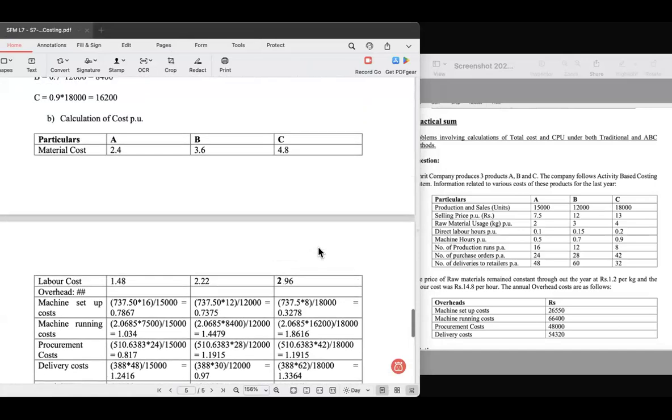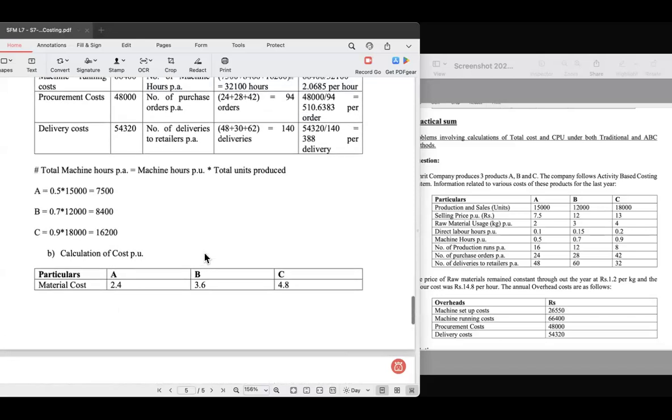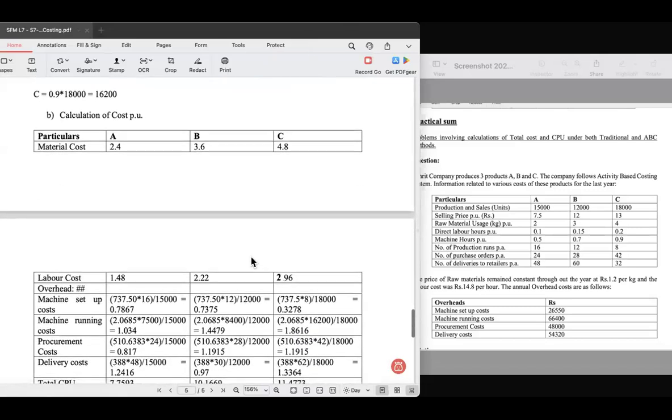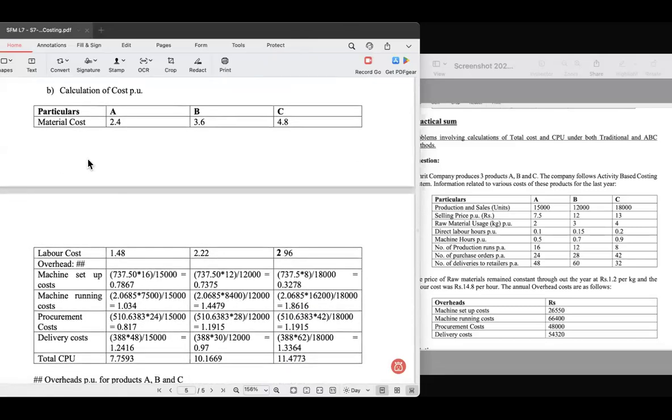Okay. Now we have to find the machine setup cost. How do we find it? We have the OAR, which is 737.5. So OAR into the machine setup cost, which is given here.